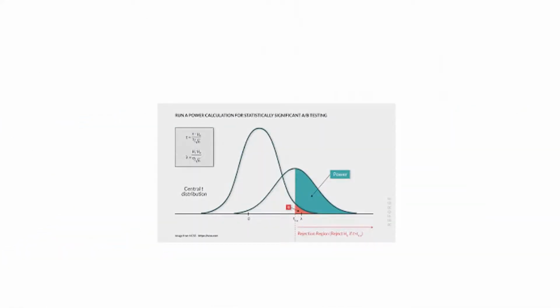How does A/B testing work? In this video, let us understand through an example the logic and methodology behind the concept of A/B testing. Let's say there is an e-commerce company XYZ.